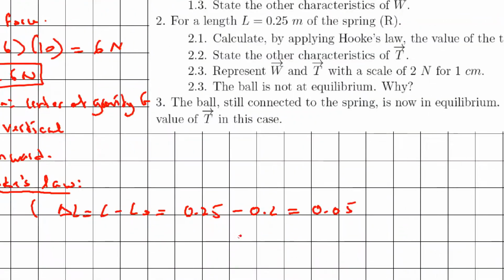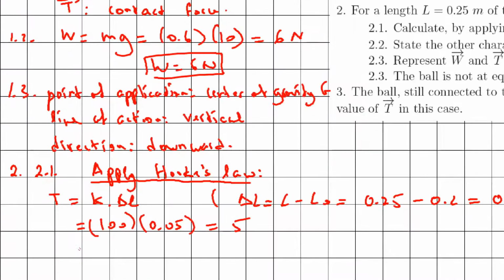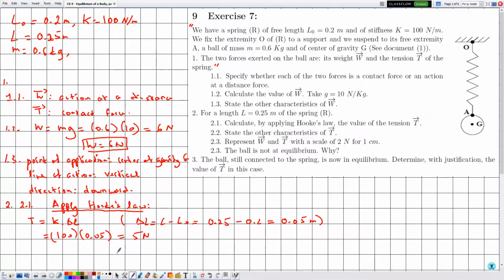Since this is expressed in meters and this is in meters, the difference will have the same unit, which is meters. Then T is equal to the stiffness, 100, multiplied by delta L, 0.05. Plugging this on the calculator, the value of the tension is 5. Since both are expressed in the SI, the value of T will be in newtons. Then the value of the tension is equal to 5 newtons.